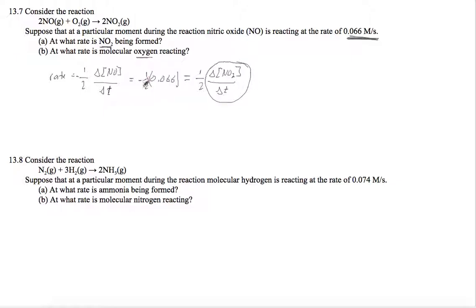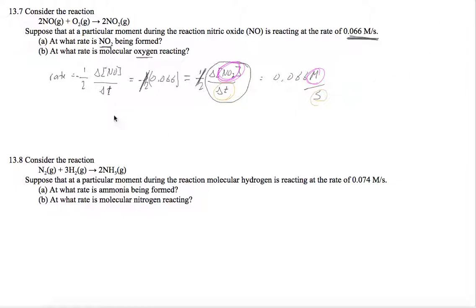Since we have 1/2 of this, 1/2 of this, those things go away, and we're left with 0.066 molar per second. So molar is this piece here. Molar is right here. And then seconds is here. So there's how we get our values and our units for that.